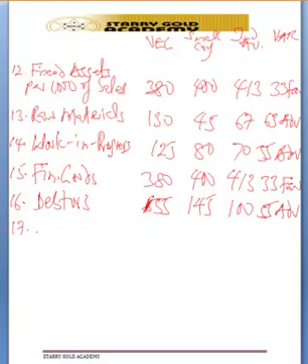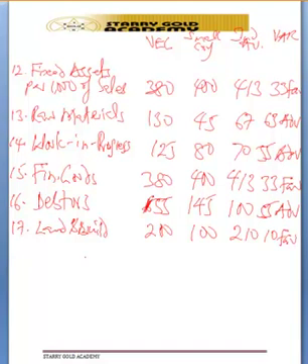Then here we have for land and building, you have 200, you have 100, here we have 210, and the difference is 10, and that 10 is favorable, because that of VEL is a bit lower than that of the industrial average. 18, we have plant and machinery, we have 172, 280, 180, and the difference there is 8.